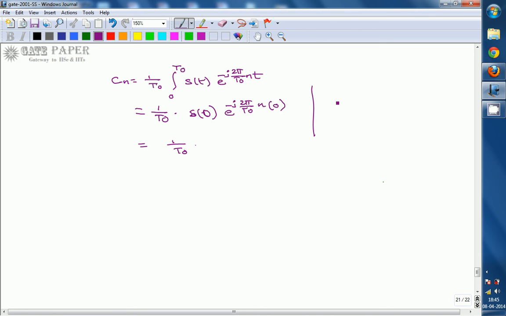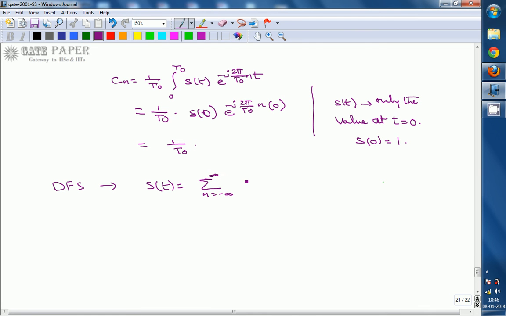So this s of t has its value only at t equals 0, that is why the value s of 0 is equal to 1, and that is why Cn becomes 1 by T naught. So finally the discrete Fourier series representation is s of t equals summation n equals minus infinity to infinity Cn into e power j 2 pi by T naught n t.